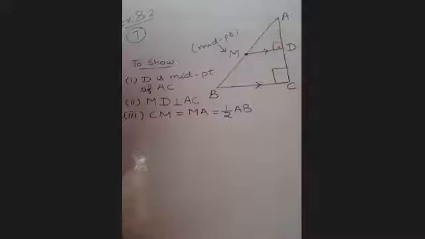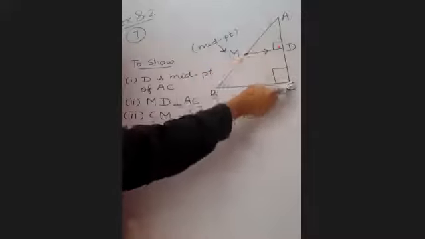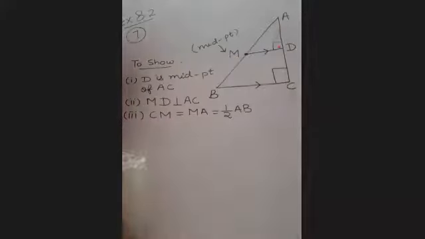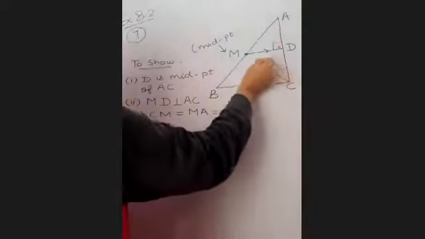So are we done with the second part as well? Yes, ma'am. Third part, we need to show CM. Children, we are talking of CM, and CM is not joined here. So do we need to join it first of all? Yes, ma'am. So let me just join CM. I'm rubbing it off for a while.